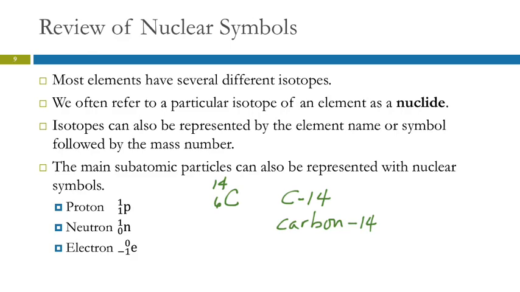So a neutron is going to have a mass number of 1 and an atomic number of 0, because there are 0 protons in a neutron. And that's N for neutron. And then there's the electron. Electron has a mass number of 0. It's like, okay, we can deal with that, because they're so small they don't really have mass, right? But then how does it have -1 protons? So we'll get back to that later.